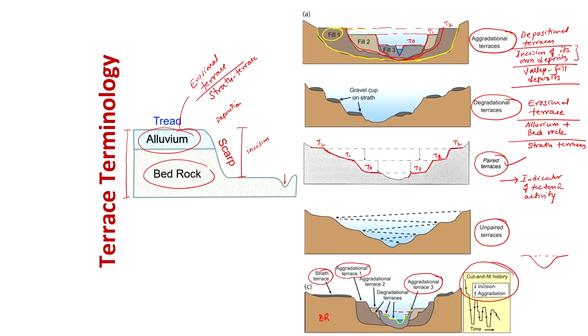So there was a fill phase here, then when it incises, for example, it incised like this, then this becomes a sort of gradational terrace. But if it incises further here, then this becomes a degradational terrace.